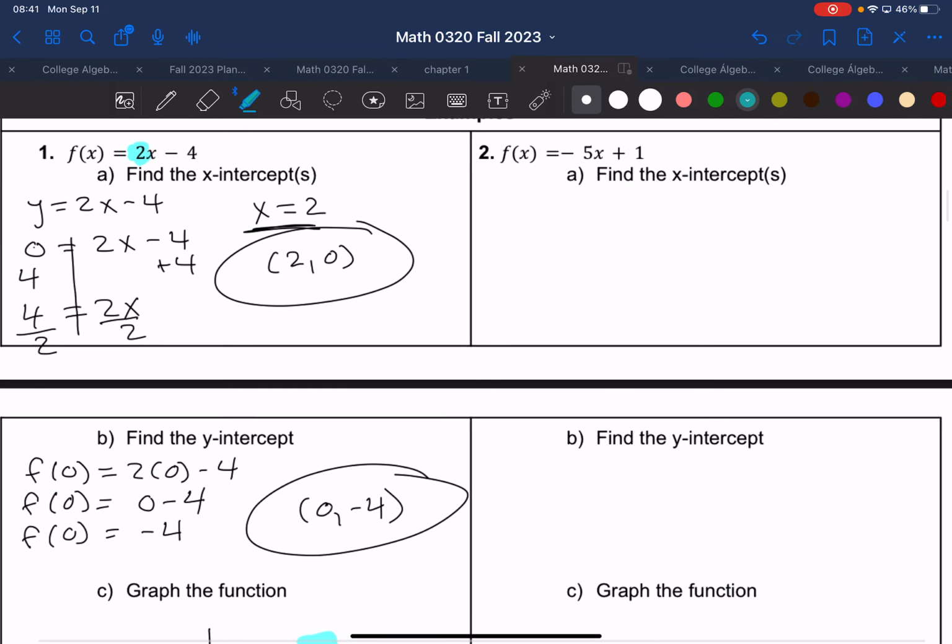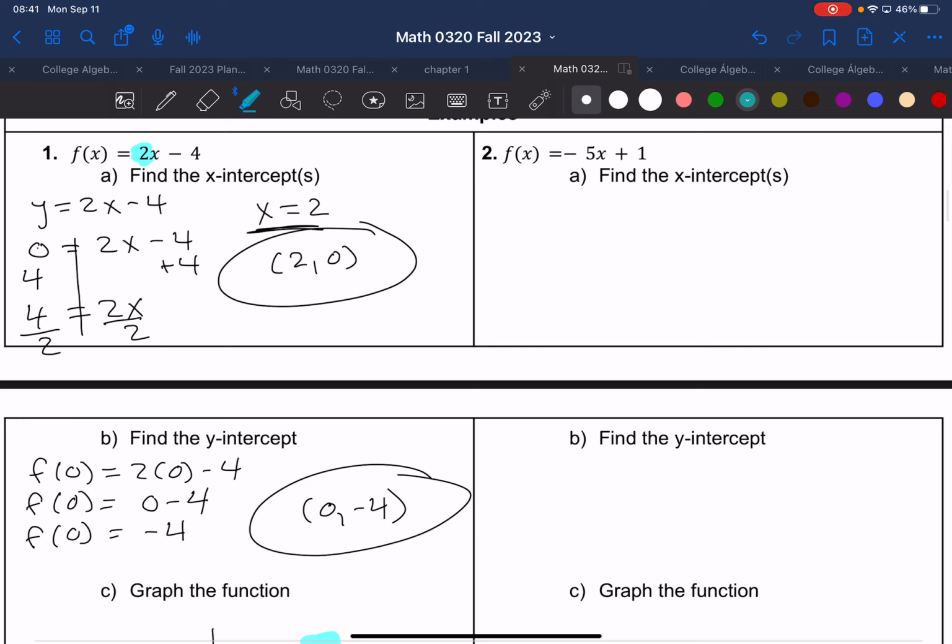Go ahead and try number 2. Number 2, we have f of x is equal to negative 5x plus 1. So find the x-intercepts, find the y-intercept, and then we'll do them together and graph.